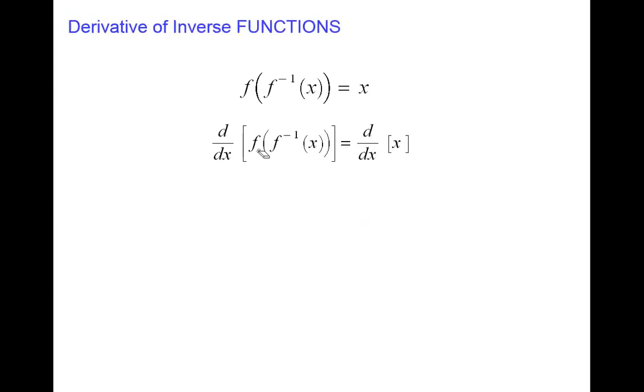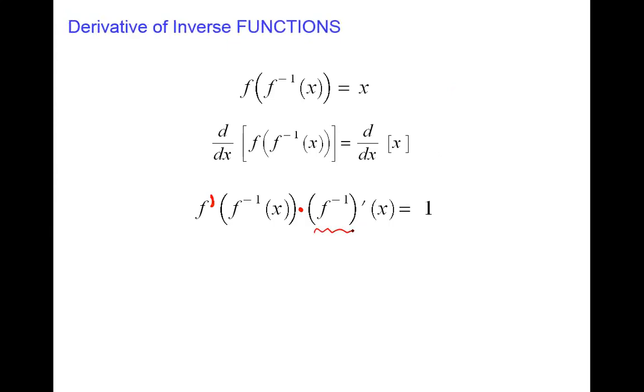But now on the left-hand side, we do have a compound function. That means we have an outer function and an inner function, and the derivative of this is the derivative of the outer function times the derivative of the inner function. Follow the chain rule. We have the derivative of the outer function, still at the same input, times the derivative of the inner function, which is actually the derivative of the inverse, equals 1. And what are we looking for?